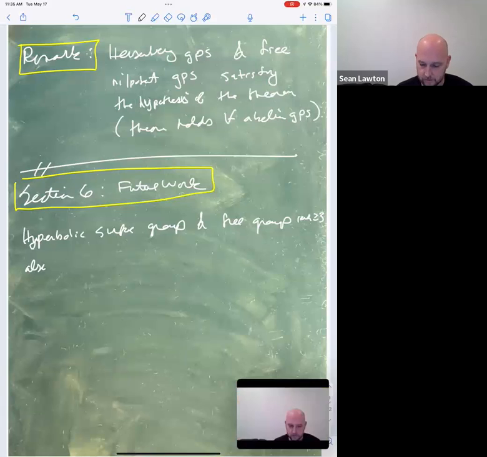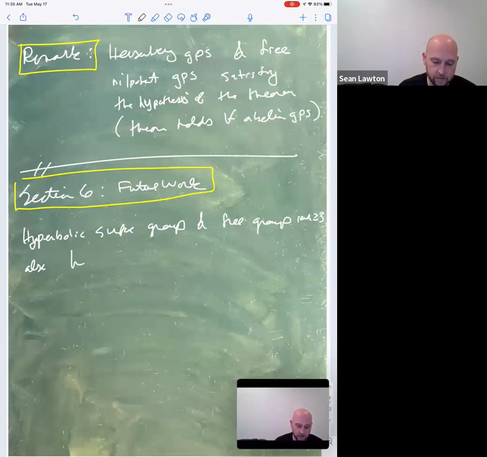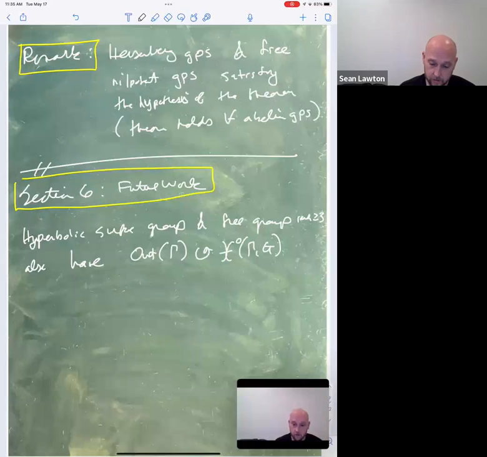Okay. So hyperbolic surface groups and free groups of rank greater than or equal to 3 also have Out(Gamma), where Gamma is one of those groups, that acts ergodically.